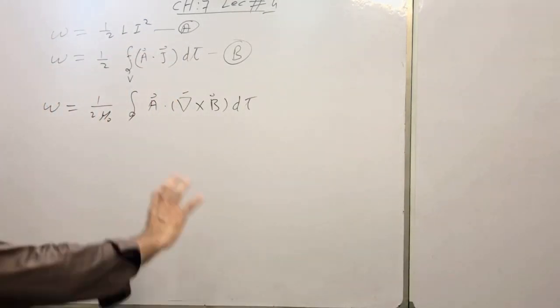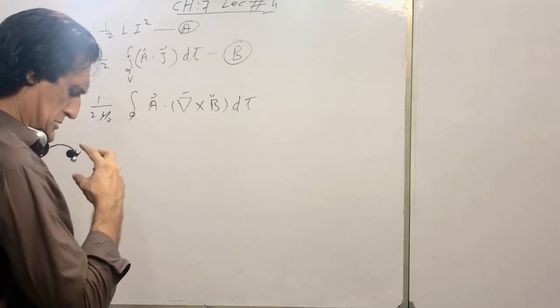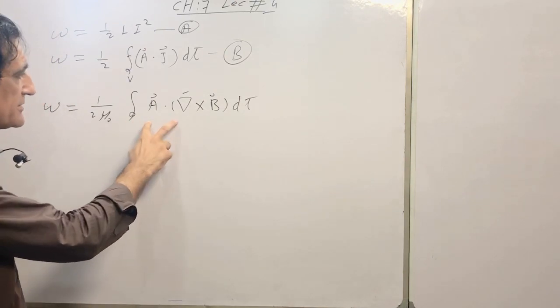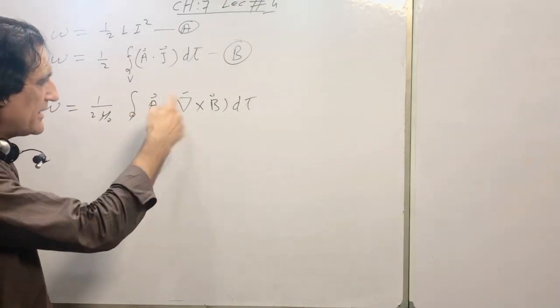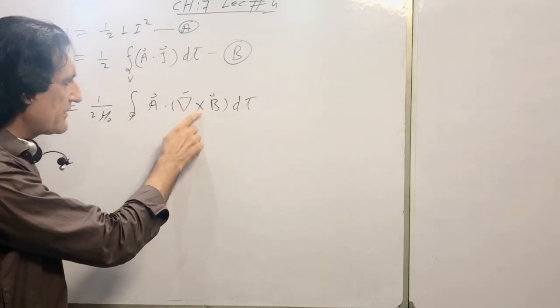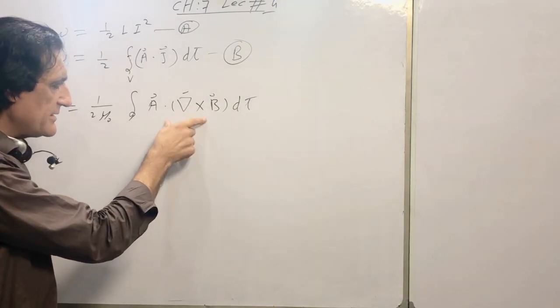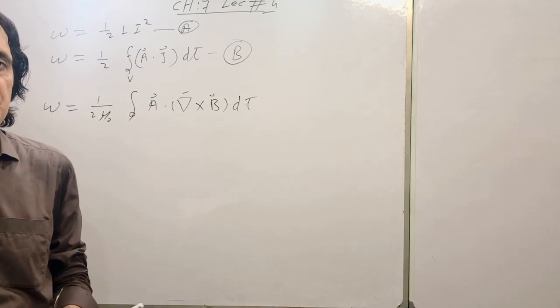Now here there are some mathematical steps, because we must have the solution of A dot del cross B, and this we have to find out. We will use the identity.